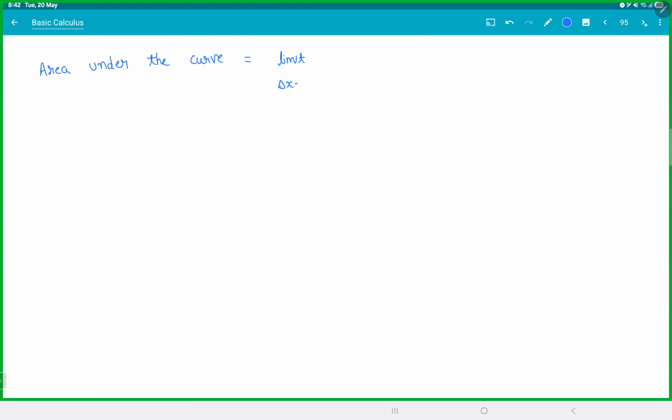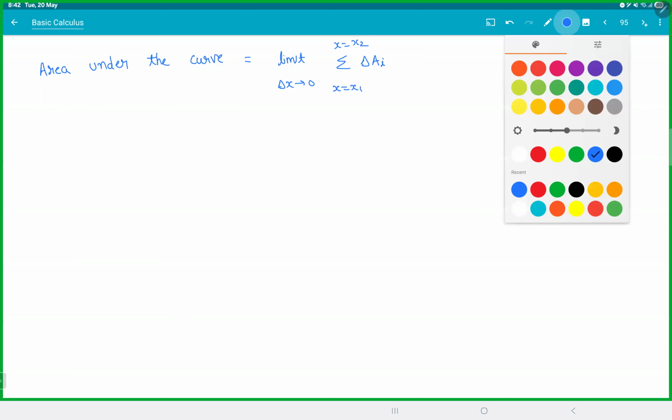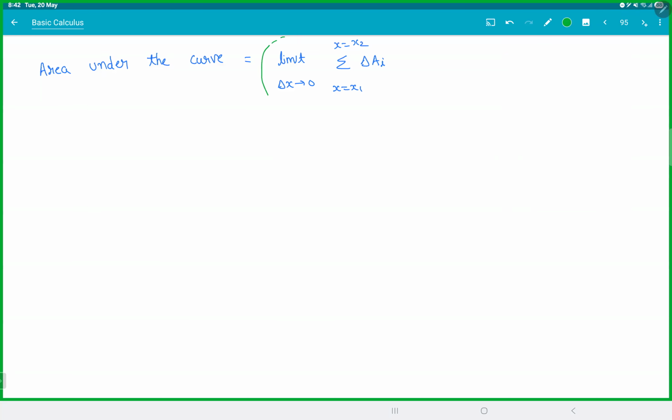So limit delta x tends to 0, sigma delta ai, so limits will go from x1 to x2. Since we are lazy to write this every time, this whole term here, we will shift it, including the delta there. We write this thing. This is a symbol. This looks like a snake symbol.